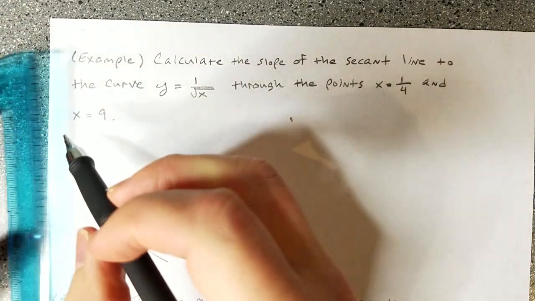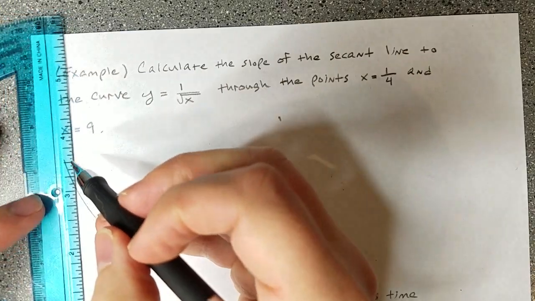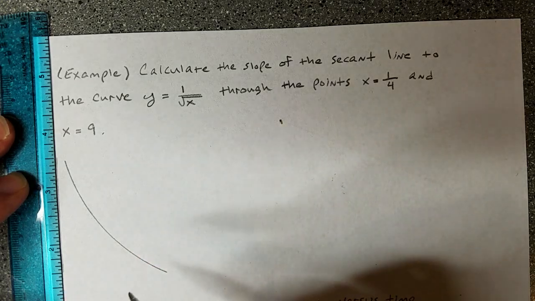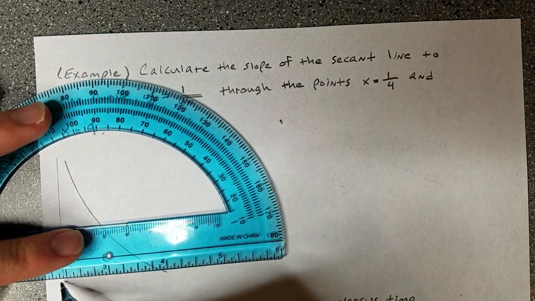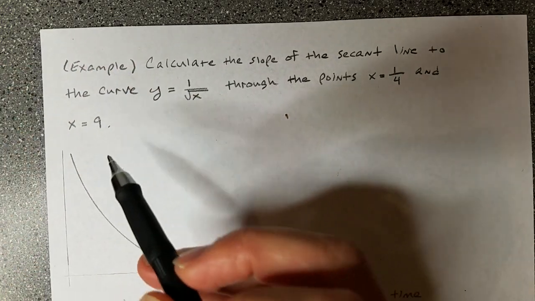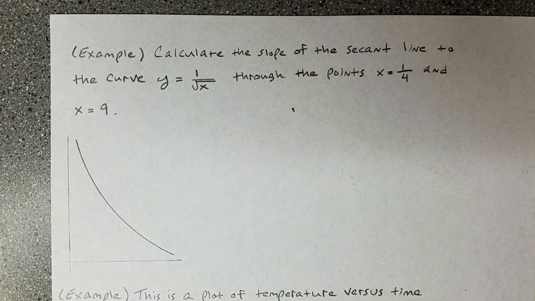It's got a very steep vertical climb around the y-axis, and then it levels out horizontally along the x-axis.